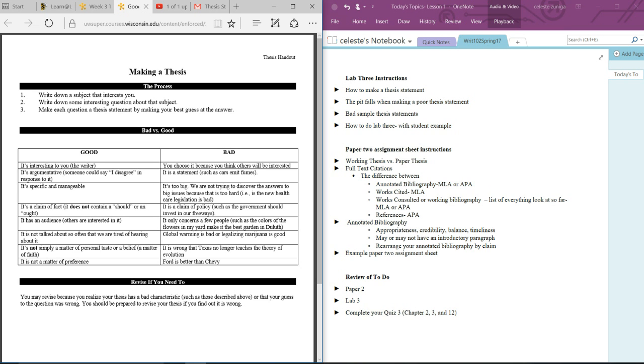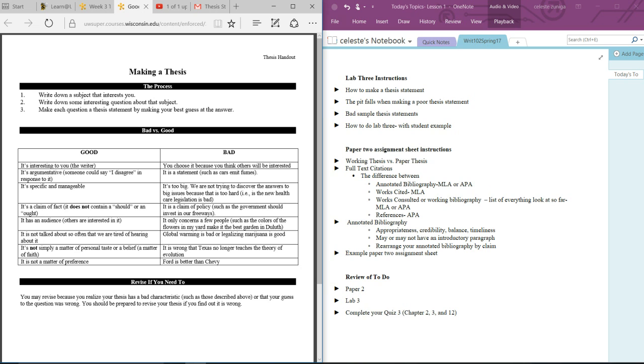If you took a room, let's say 100 people, you have to have rational people in the room. And these people also might know something about your topic, maybe just a little bit. And you call out your working thesis statement in that room. And one side of the room was the people who agree with you, and one side of the room, people who disagreed with you. The room would be pretty evenly split.